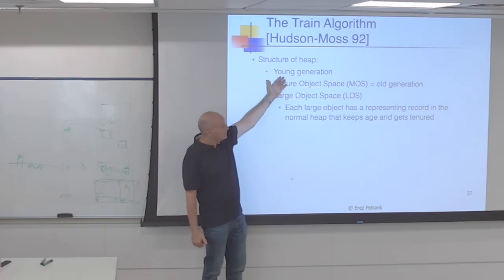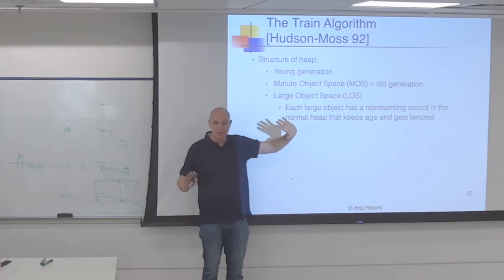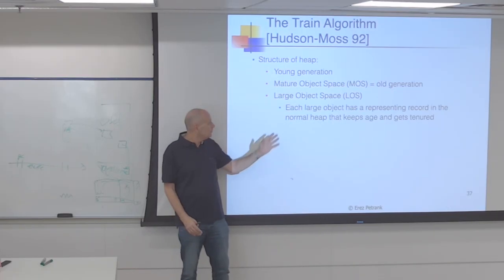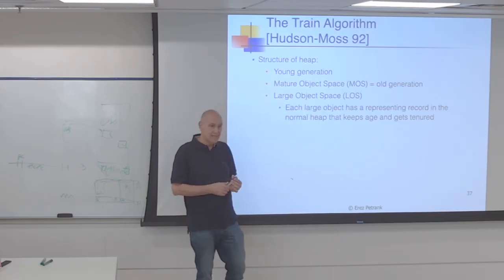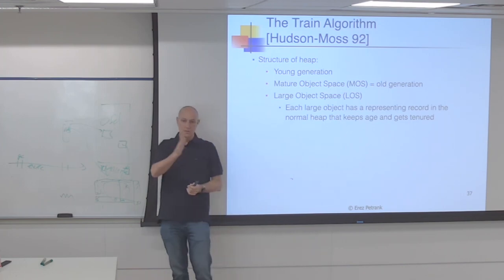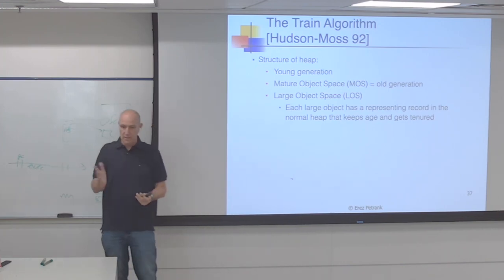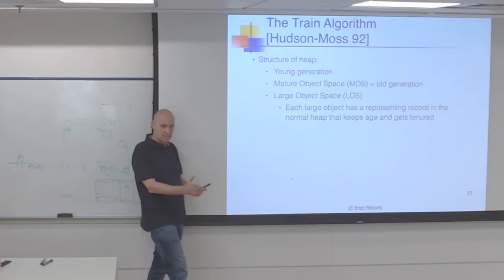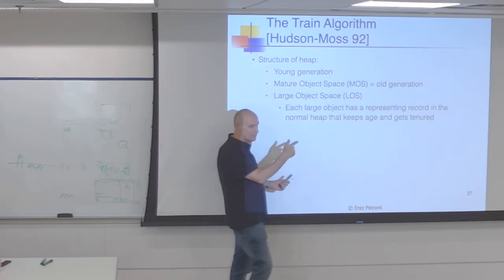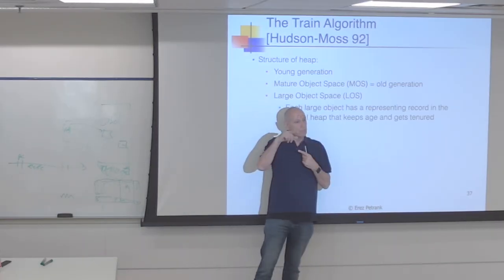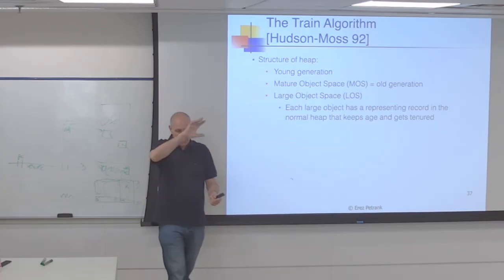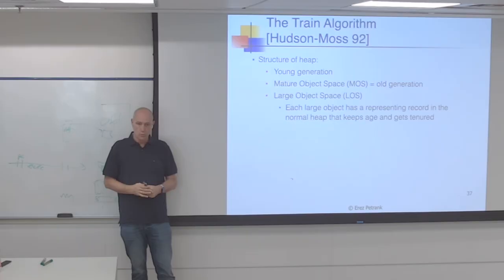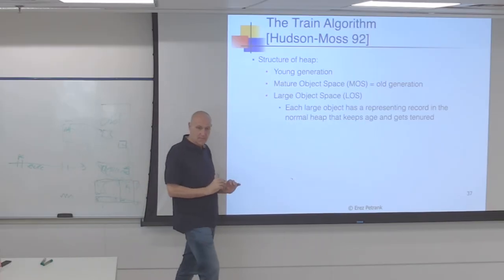We don't put very large objects in these two. We put them in a separate space, which is many times done. You don't want to move large objects in the young generation between the semi-spaces. And we'll see that for the train algorithm, also in the mature generation, you have to move stuff all the time. So we don't want to do it with large objects.